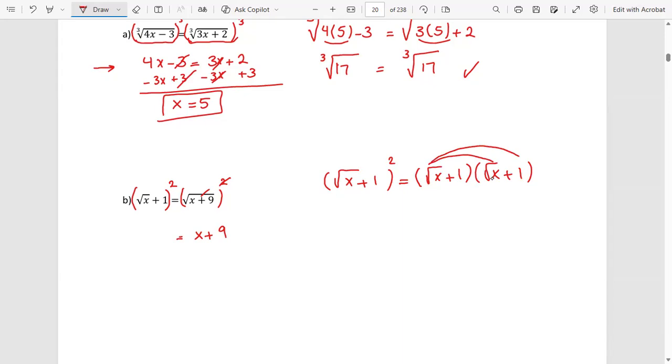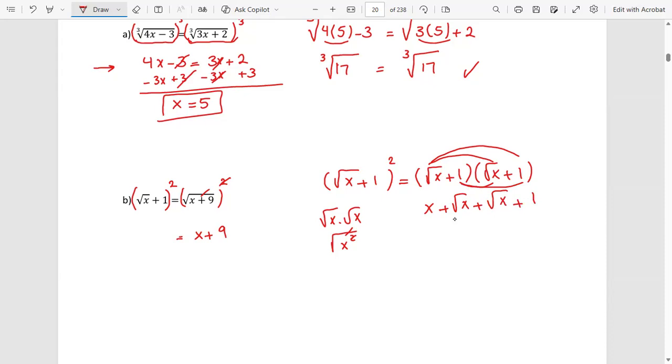Square root of x times the square root of x is the square root of x squared. Power and radical cancel each other, so the answer is just x. Square root of x times 1 is the square root of x. 1 times the square root of x, again, is the square root of x, and 1 times 1 is 1.